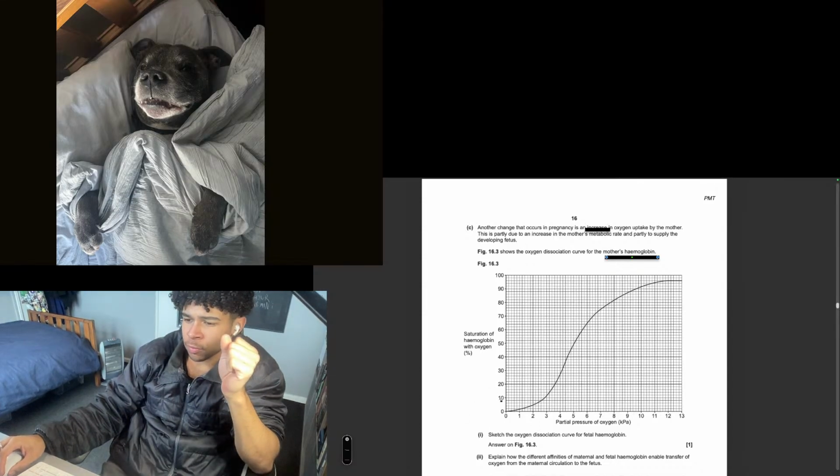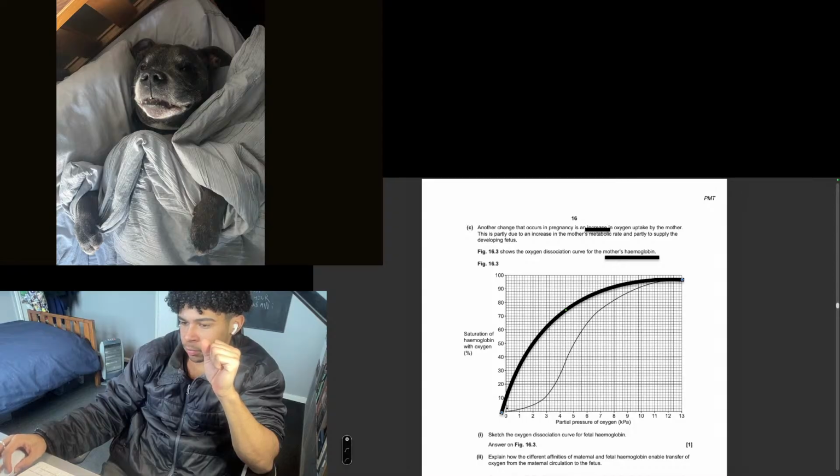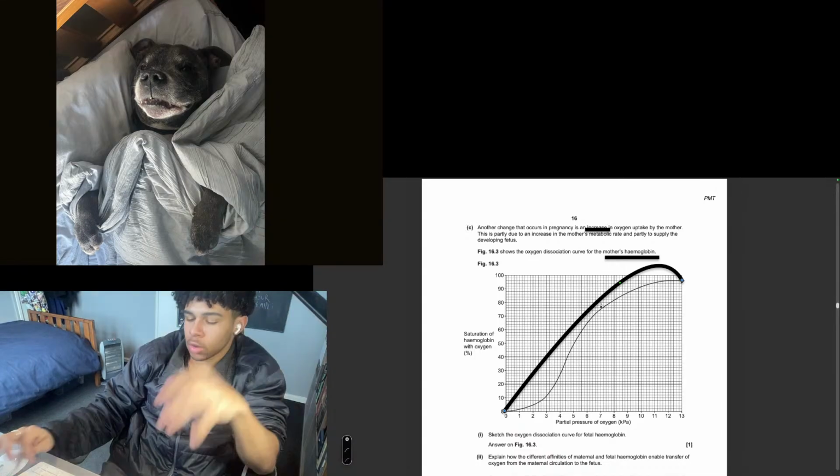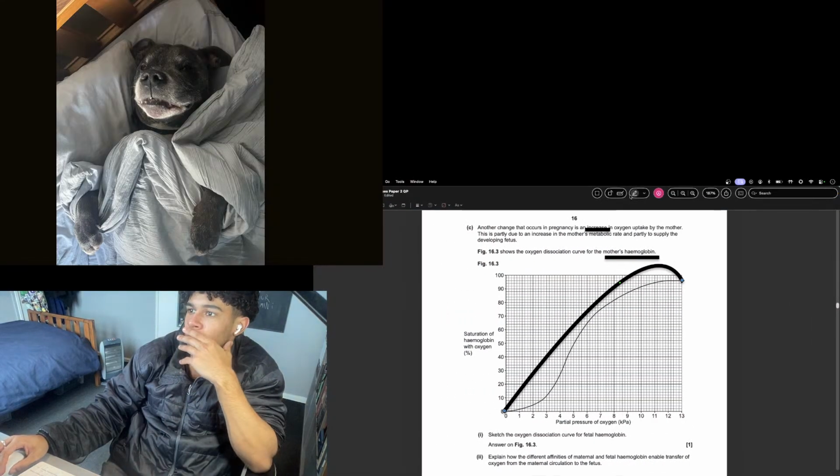So we know the fetal must take it from the mother, so it's going to end up like this. Hold on, let me just make sure I got the mark. To the left, and not exceed 96. Yep, so I got the mark there.